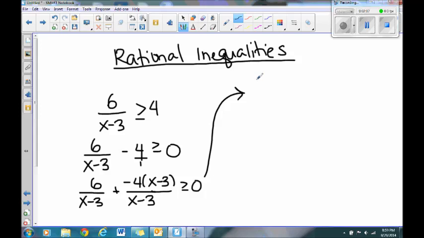Now when we do that, if we distribute the negative 4 to both pieces, and if we add the tops together, adding across the tops, it looks like we have a negative 4x plus 18 on top of that fraction, and we have x minus 3 still on the bottom.